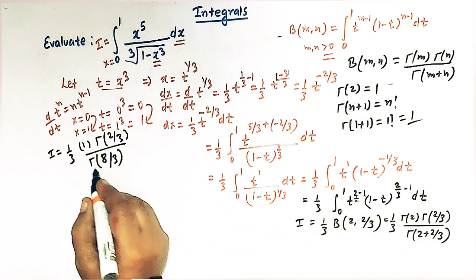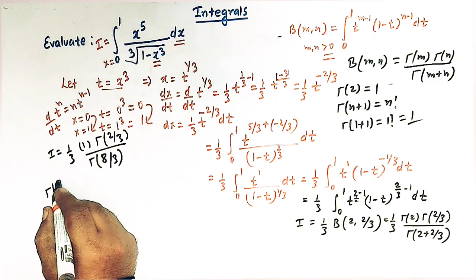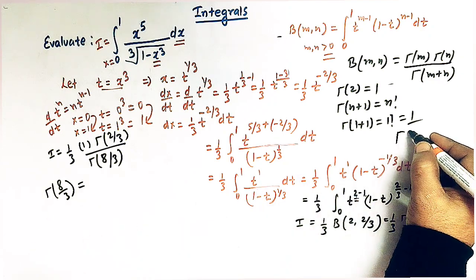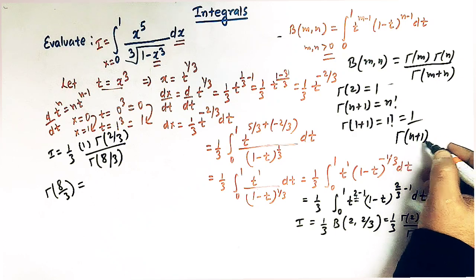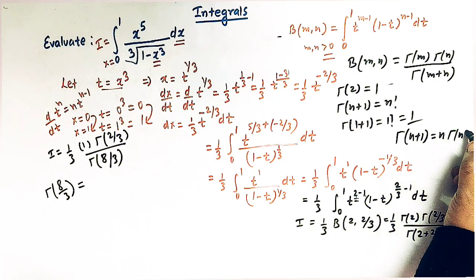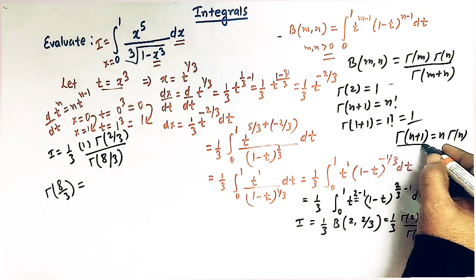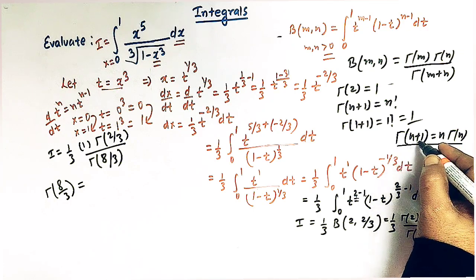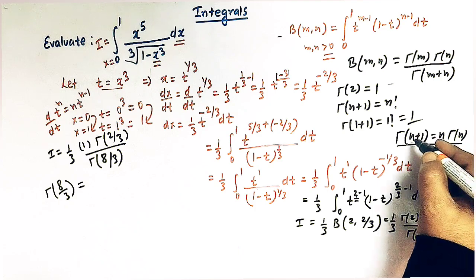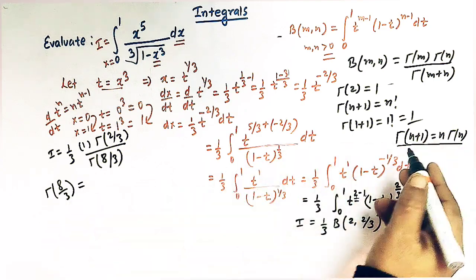Now let us find out the value of gamma 8 over 3 using this result, that is gamma n plus 1 is equal to n times gamma n, right? So this is another important result. Gamma n plus 1 is equal to n times gamma n, where n is some fraction here.